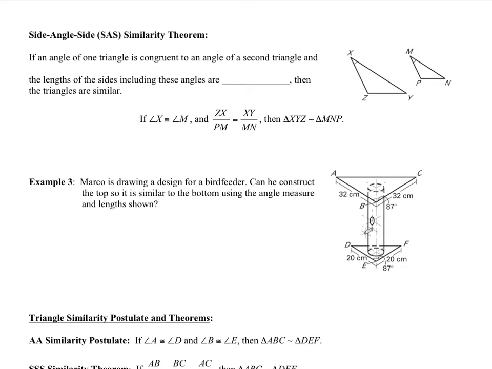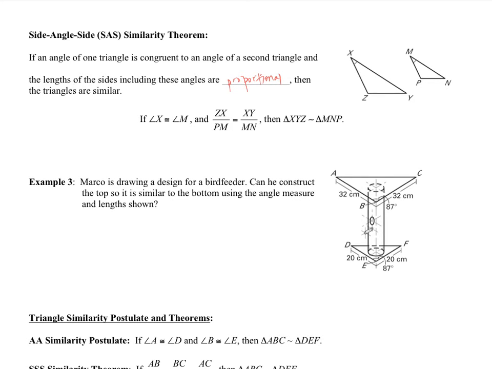The side-angle-side SAS similarity theorem states that if an angle of one triangle is congruent to an angle of a second triangle, and the side lengths including these angles are proportional, then the triangles are similar.